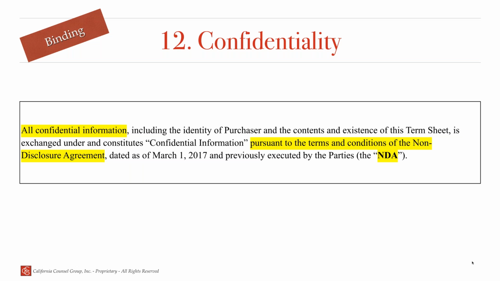But now it's really the time for the buyer to kick the tires, and may want to get in and look at the company's sensitive technical data. So it's really important, from the company's point of view, that the process is well managed and that the buyer is subject to confidentiality obligations.